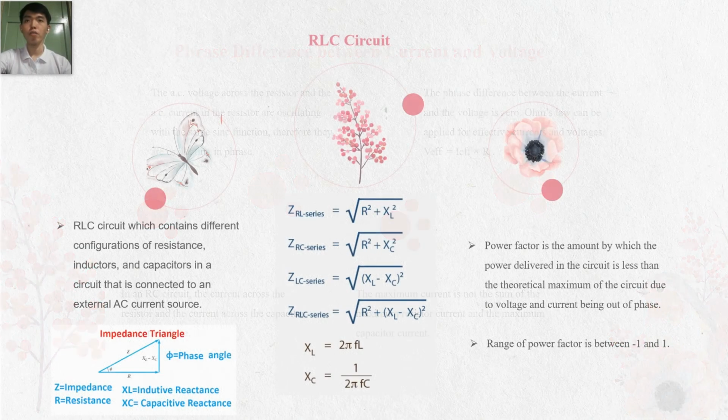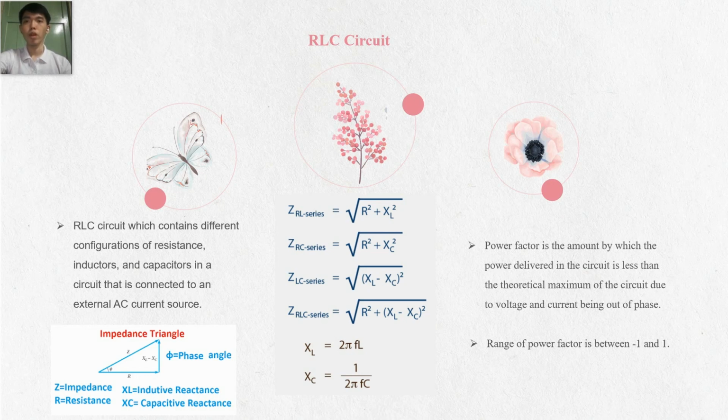We move to the RLC circuit. An RLC circuit contains different configurations of resistors, inductors, and capacitors. In a circuit that is connected to an external AC source, the picture on the left below shows the impedance triangle. We can use this triangle to find the impedance.